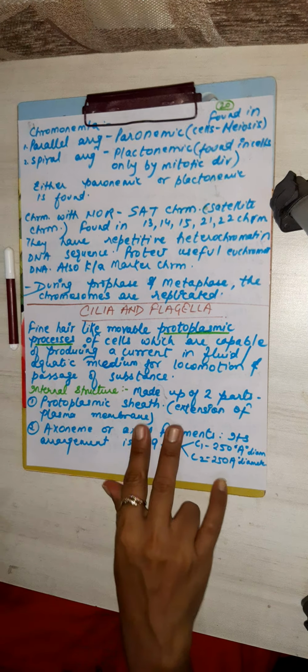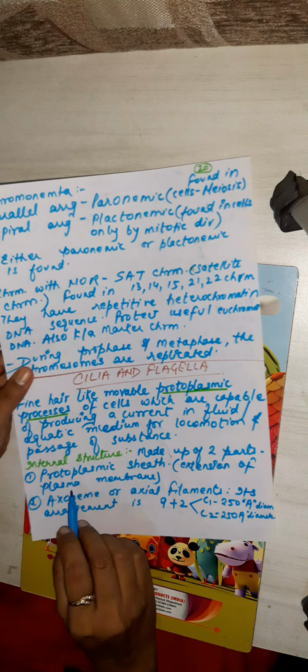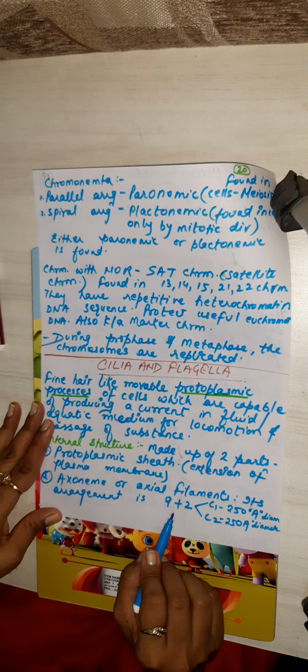Let me draw the diagram. The internal structure consists of the protoplasmic sheath and the axoneme, arranged 9 plus 2.